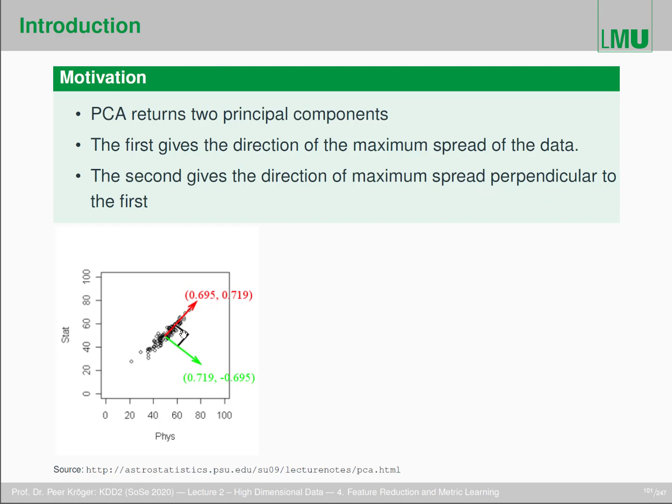In that case, you only have one chance to find a perpendicular component, because two perpendicular vectors will span the whole two-dimensional feature space. So the second one will be this one here, orthogonal to the red one, which is in that case the direction of the second highest variation. Since we only get two PCs, it's also the one with the lowest variation, but that's a different story.